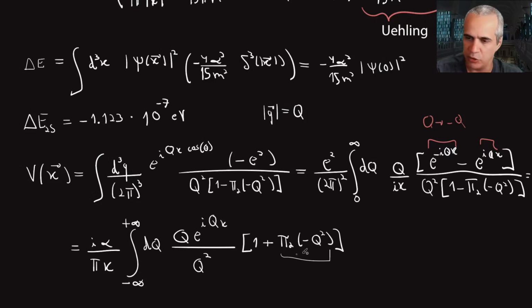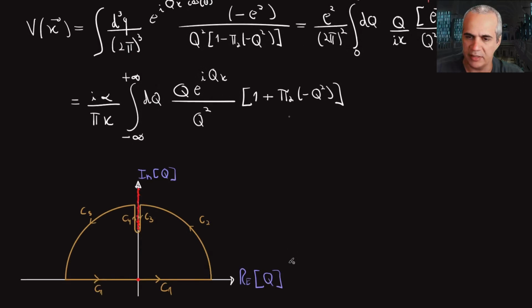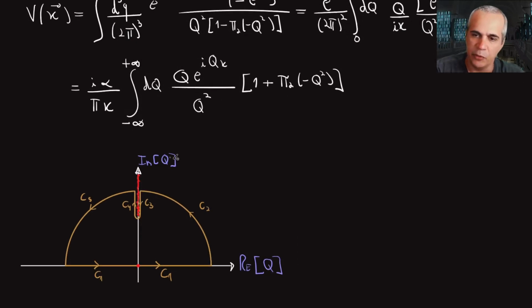So to do this integral, I'll have to go to the complex plane and do this by residues, but I need to be very careful about the analytical structure of this integrand. So here I have extended Q into the complex plane. This is the real part of Q, this is the imaginary part of Q, and we want to integrate along C1 in the bottom here, of course.